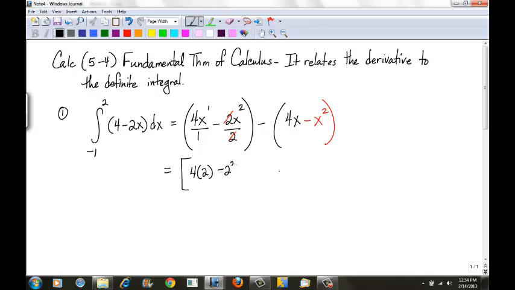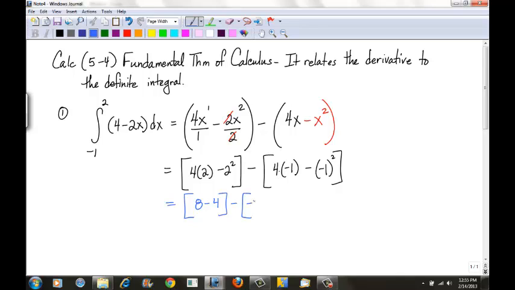minus 2 squared. Okay, and then sub in the -1, so we'd have 4 times a -1, then minus a -1 squared. Okay, and simplify. So we'd have 4 times 2 would be 8, minus 4, okay, and then minus.